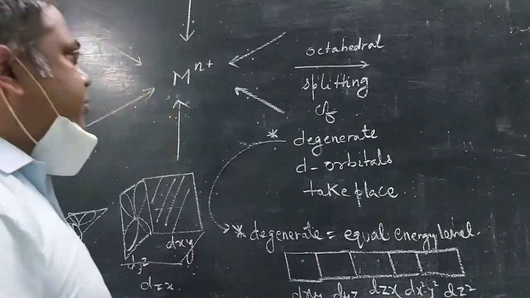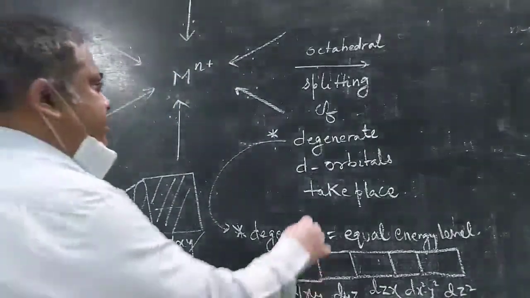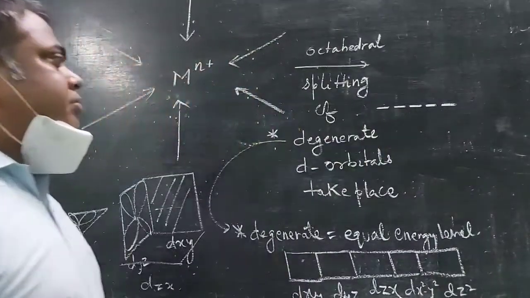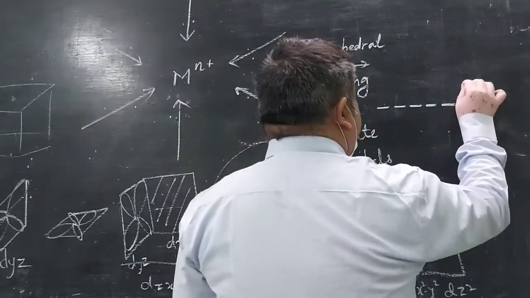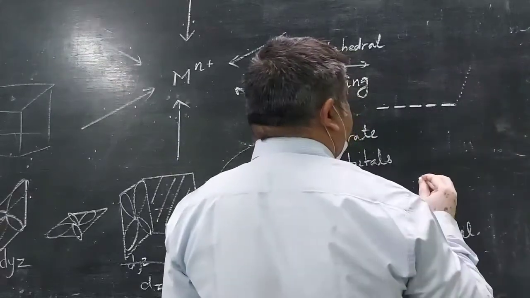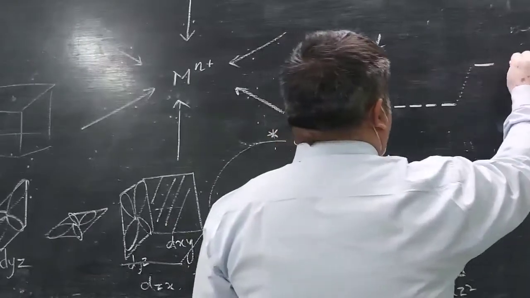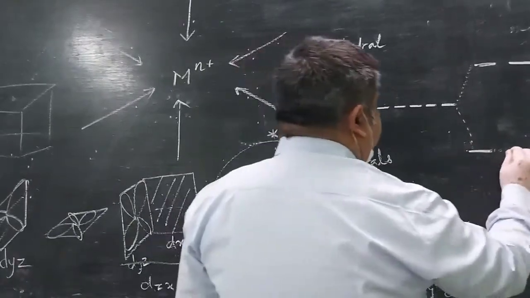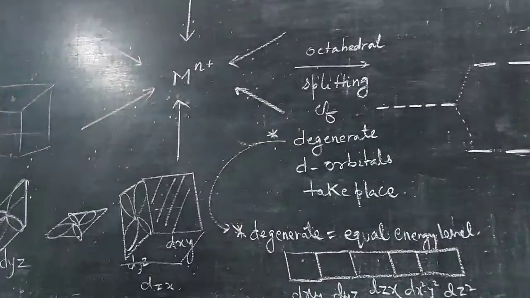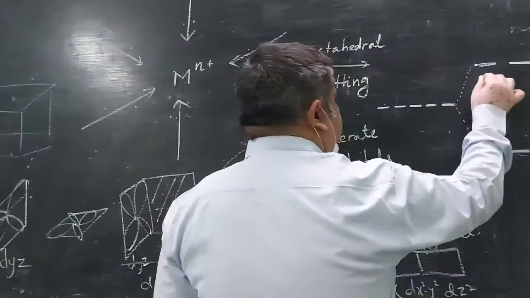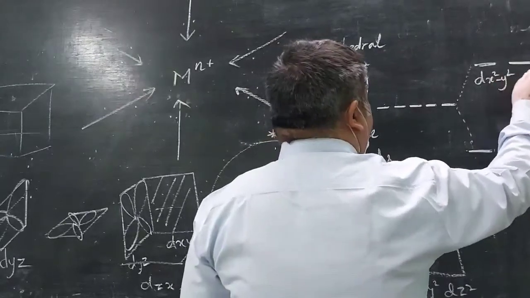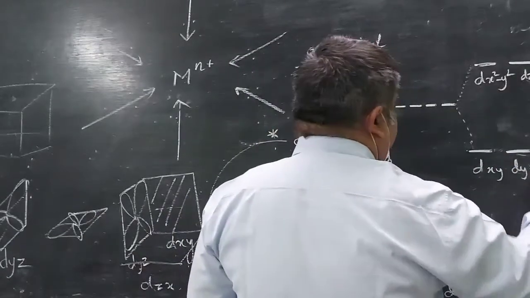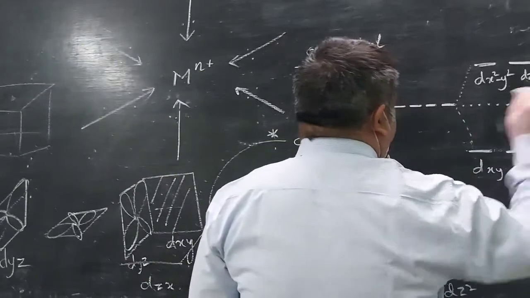That means if the d orbitals had been here like this, 1, 2, 3, 4, 5, then due to octahedral splitting, dx square minus y square and dz square go to higher energy level, and dxy, dyz and dzx come down from this average energy level.